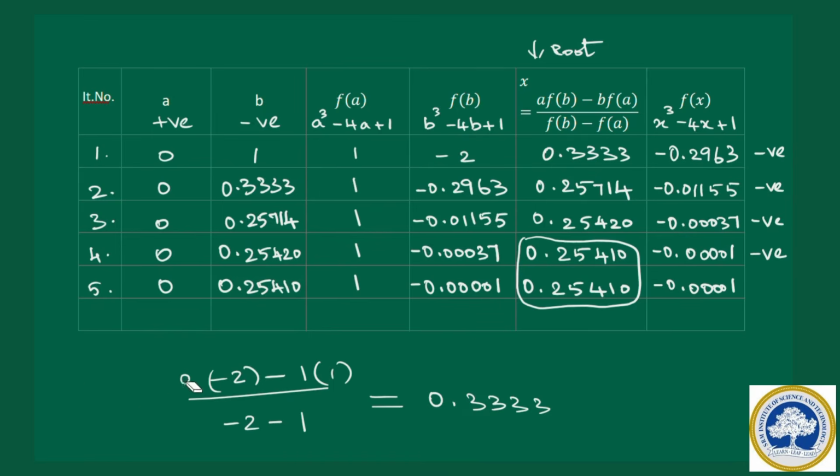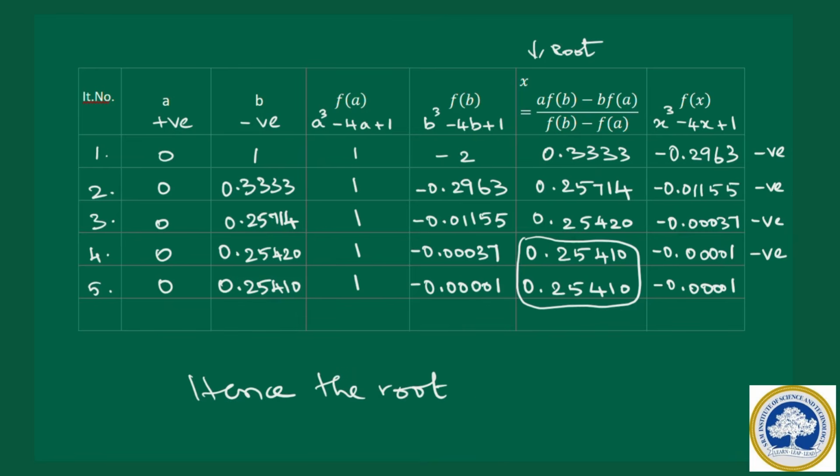So we can write here, hence the root is x is equal to 0.25410. While doing the calculation here, since the formula is a little bit complicated, please do it separately and then you can put it in the table.